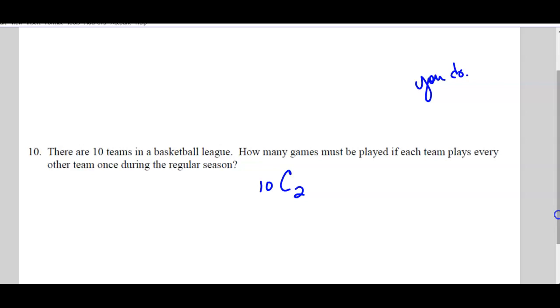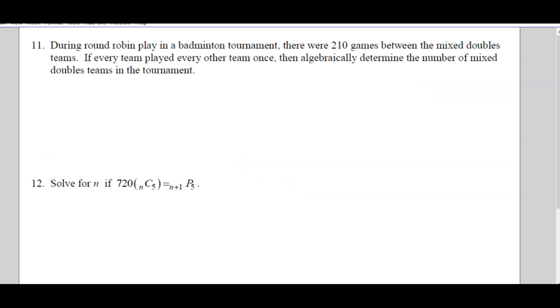Okay, and then the next one, we're told how many games, and we have to work backwards, so I'll just set it up, and then you can do the algebra stuff after. So during round-robin play in a badminton tournament, there were 210 games between the mixed doubles teams. If every team played every other team once, then algebraically determine the number of mixed doubles teams. So we're working backwards. So the last question, we knew the number of teams, and we needed to know how many games were played.